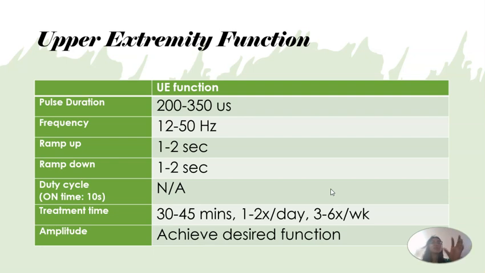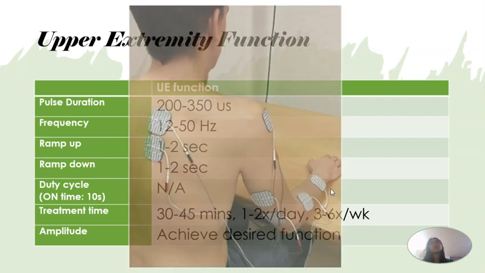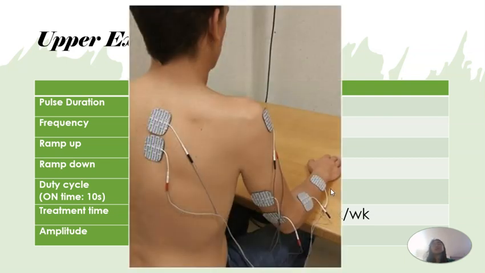Okay, so not really 100%, at least it would help lang the patient to achieve the desired function. So, depende dun sa gusto ninyong activity, and depende kung ano yung mga weak muscles kay patient. Dun depende yung number of pairs of electrode na kailangan ninyong i-attach.